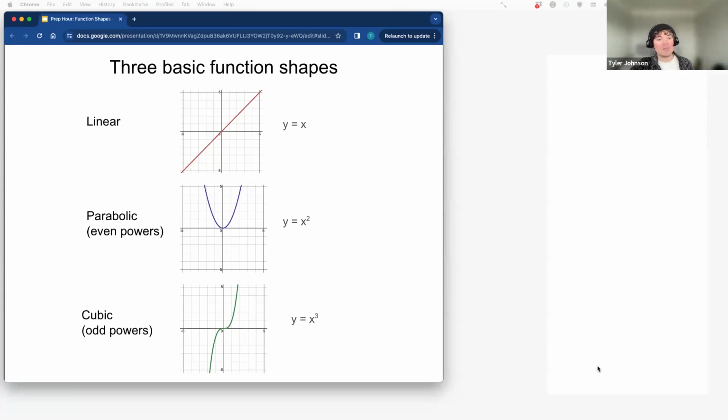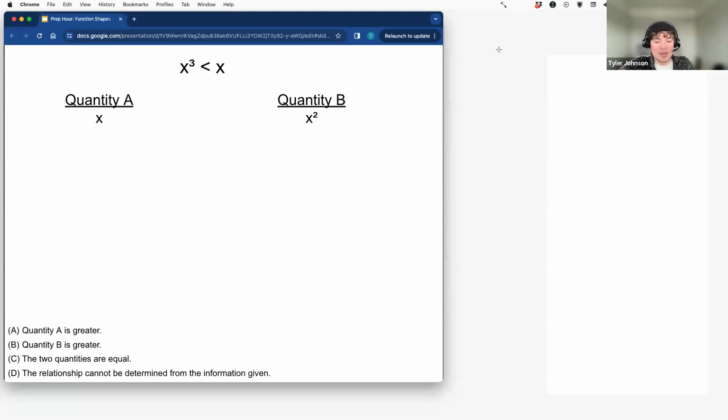So if I'm really familiar with those shapes, that's going to allow me to tackle something like this with a good amount of speed. Because I know it must be true that x cubed is less than x.